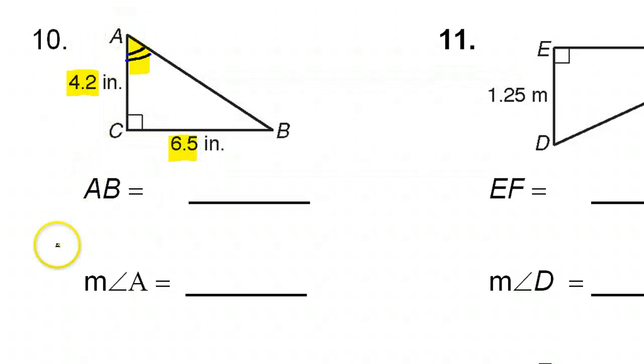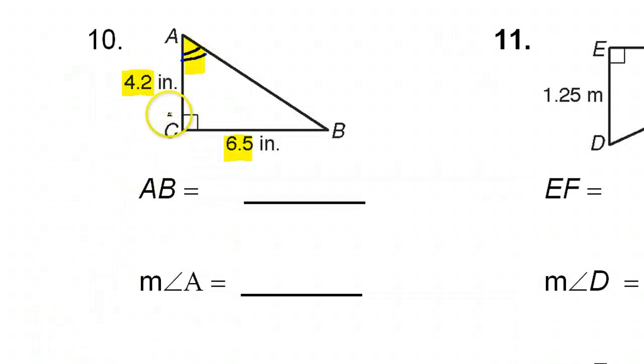So your first job is to decide which trig function you're in. From the perspective of this angle, this 4.2 is the adjacent leg, so that's adjacent. And the 6.5 is opposite, because adjacent means right next to and opposite means across from.